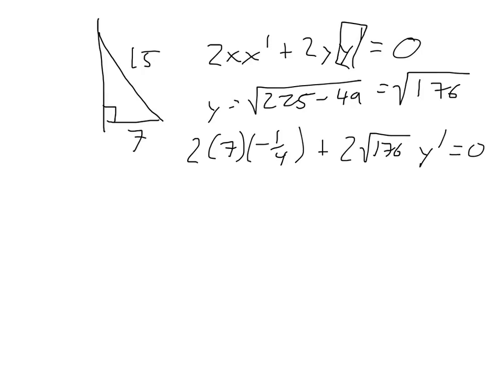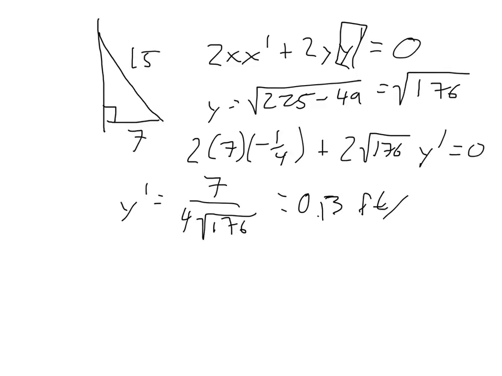So now y prime equals, if I just plug all that in, those 2's would cancel. I would get 7 over 4 root 176, which equals 0.13, and this was in feet per second.